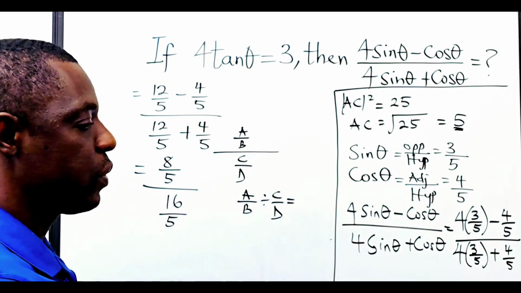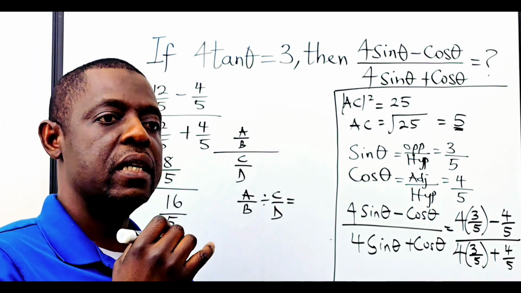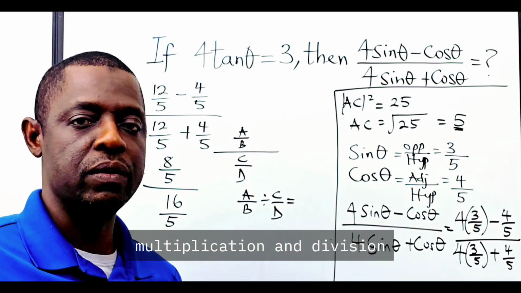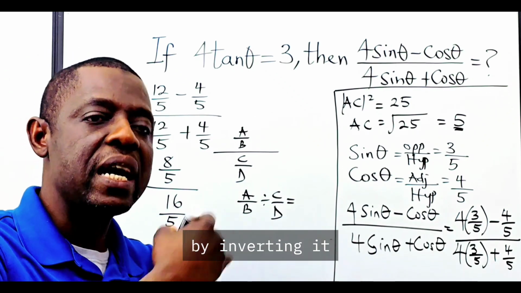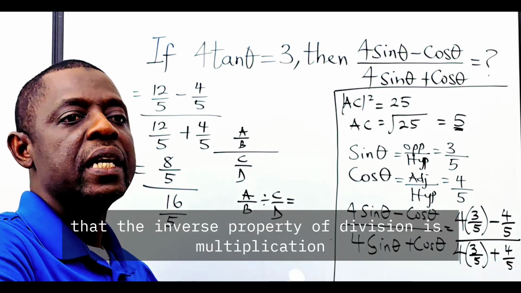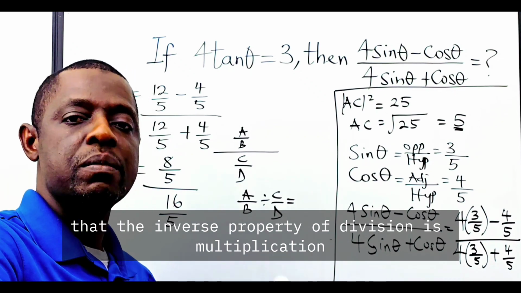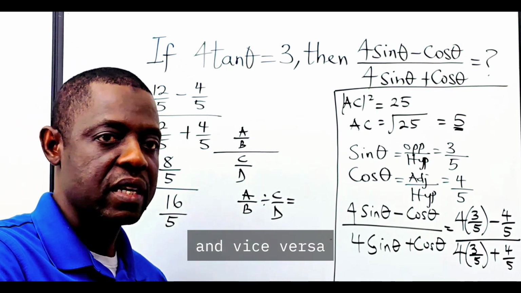So far it is multiplication and division. The division can be changed into multiplication by inverting it, because we know that the inverse property of division is multiplication, and vice versa.